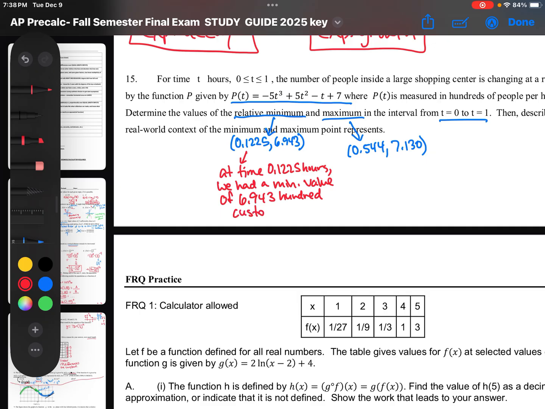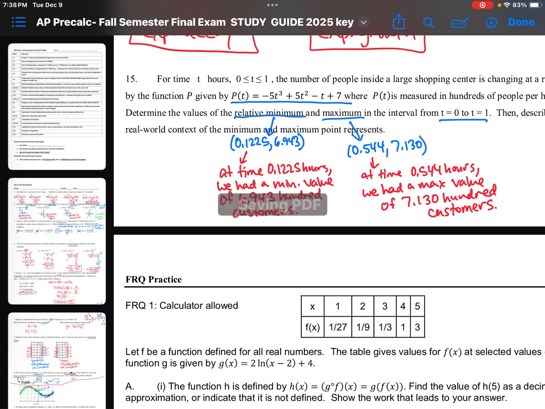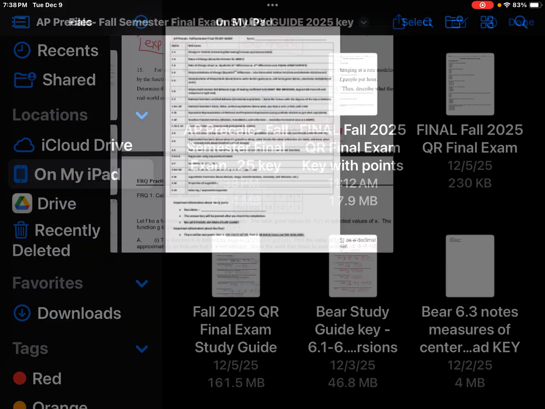Customers. And this one here means at time 0.544 hours, so a little over half an hour, we had a max value of 7.130 hundred customers. All right, that does it for me, and that does it for this part of the study.